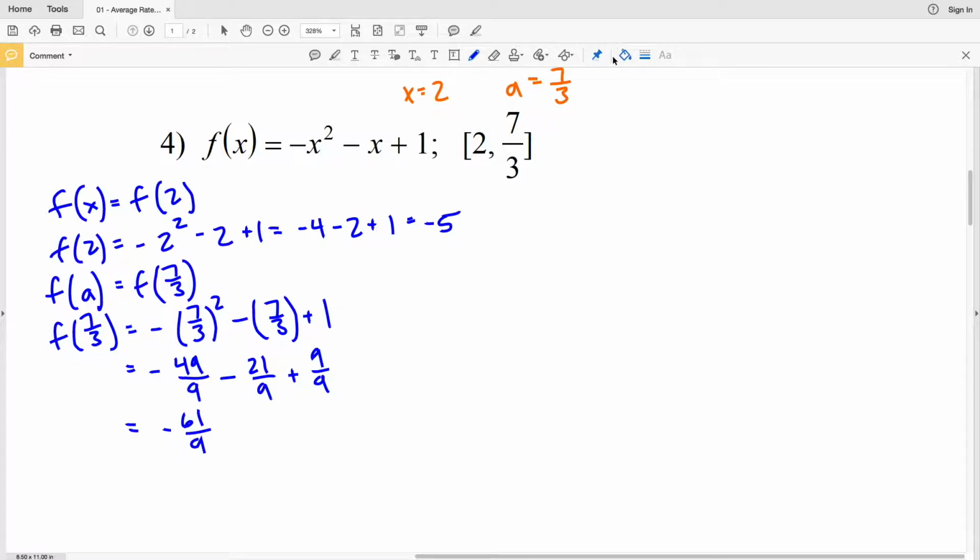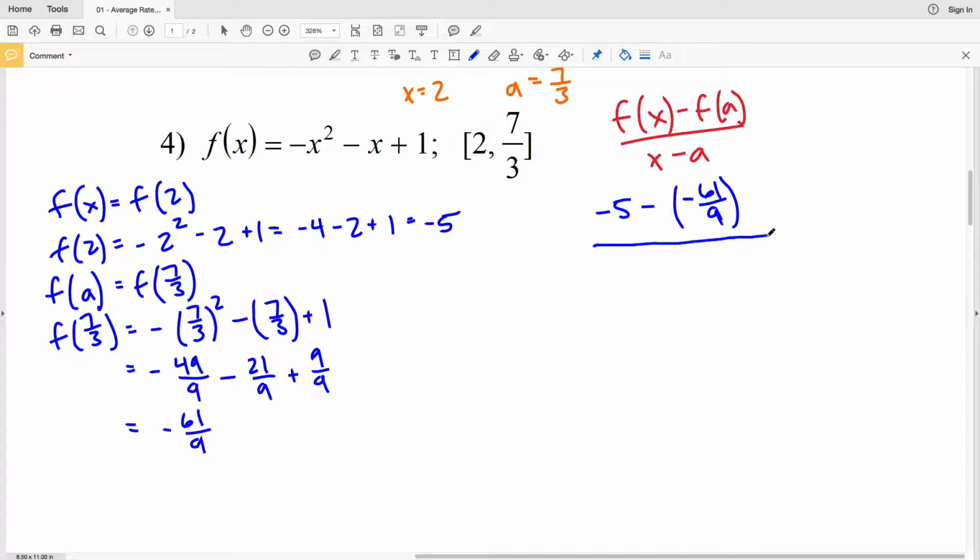So for our average rate of change formula, remember that's f of x minus f of a all over x minus a. F of x is negative 5 minus f of a, which is negative 61/9, and that's all over x of 2 minus a of 7/3. So in order to simplify the numerator, I have to find that common denominator of 9, so I'm going to multiply negative 5 by 9 over 9.